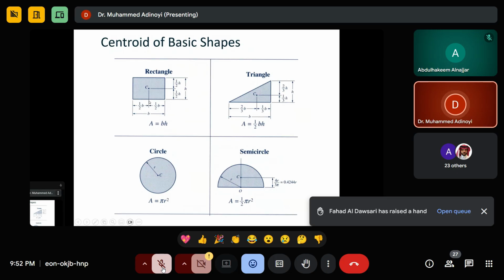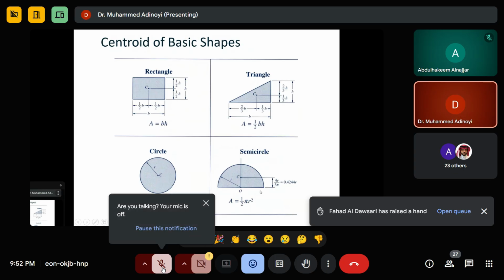For a rectangle, it is half of the base and half of the height. So here, this is giving you the coordinates of this point. For a circle, it is at the center, which is just the radius. For a semicircle, you are going to have 4r/3 pi or 0.42244 r.